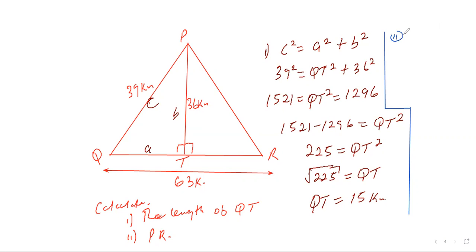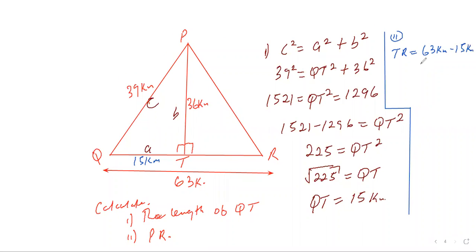Subtract 15 from 63. Right, we know that QT is 15 kilometers. So first of all, we find TR. TR will be equal to 63 kilometers minus 15 kilometers.